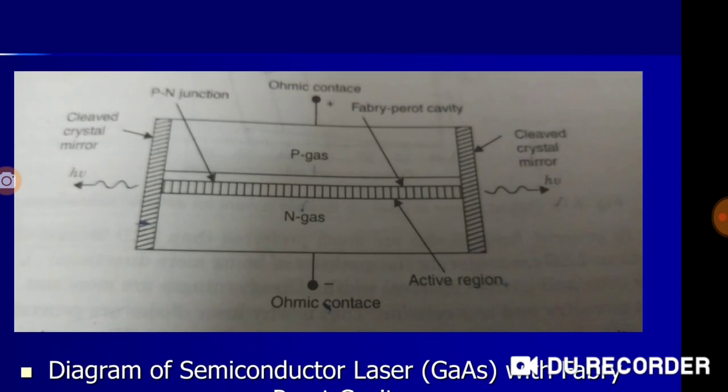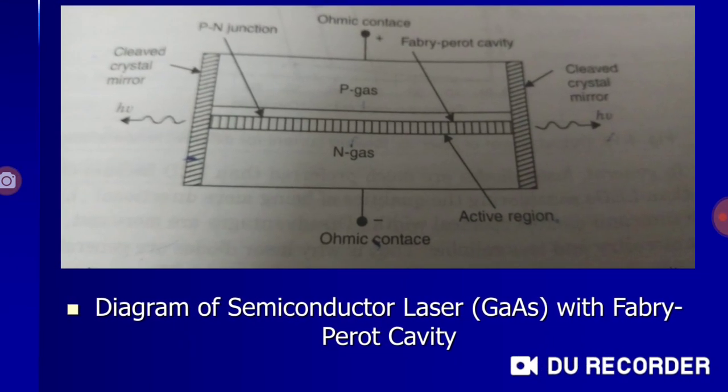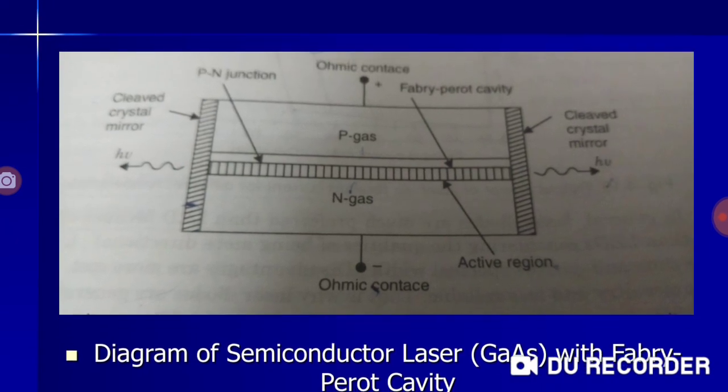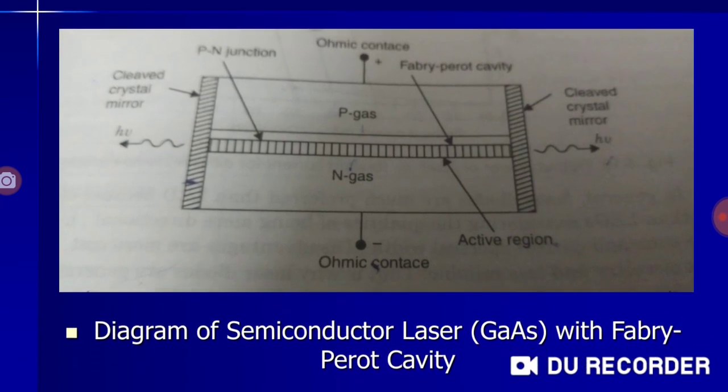If you look at this picture, I'll talk about the Fabry-Pérot cavity. Here we have the two cleaved surfaces along which the photons are emitted, and this is the sawed end along which the photons cannot come out.